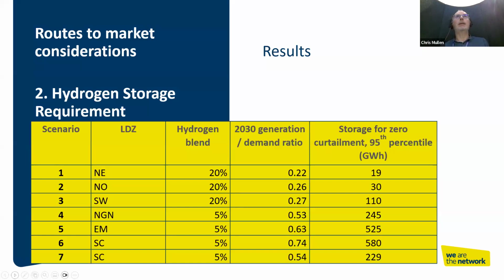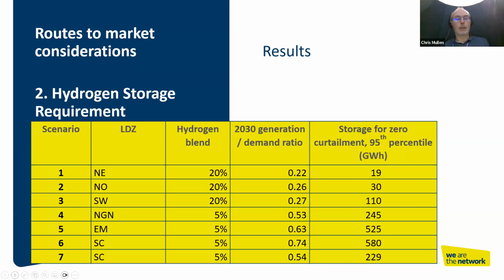There's not an obvious relationship between the generation to demand ratio and the storage required. It really is very dependent on the time profiles of the generation considered against the time profile of demand.